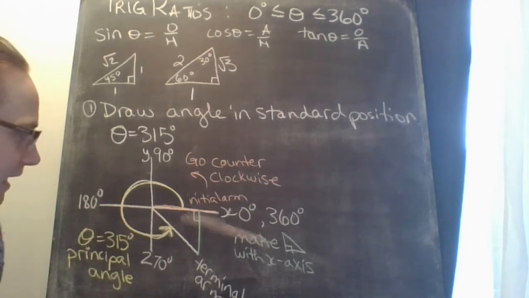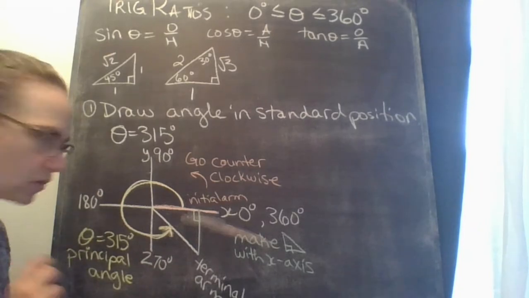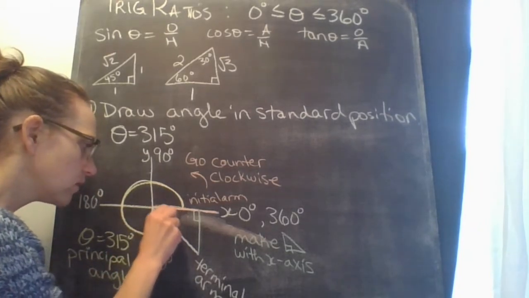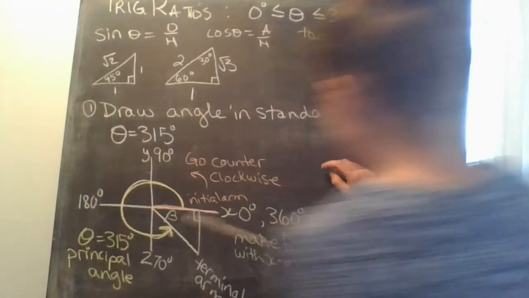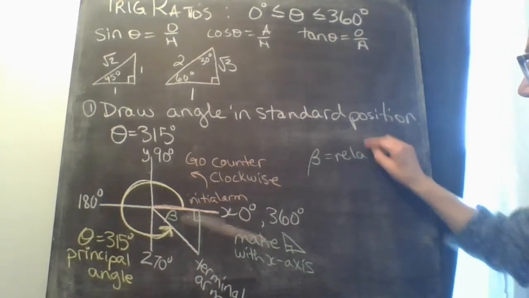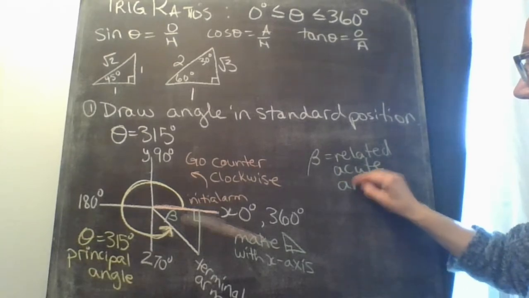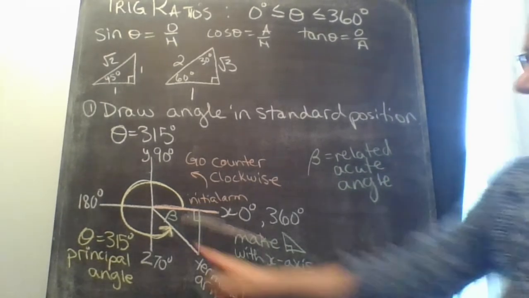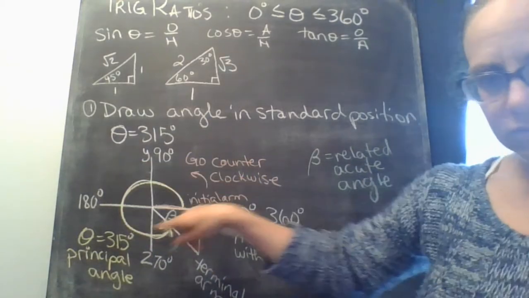Okay, and then inside here, notice how that's an acute angle. So we call that beta. So that little angle beta is called the related acute angle. And to find it, it's going to depend on which quadrant we're talking about.